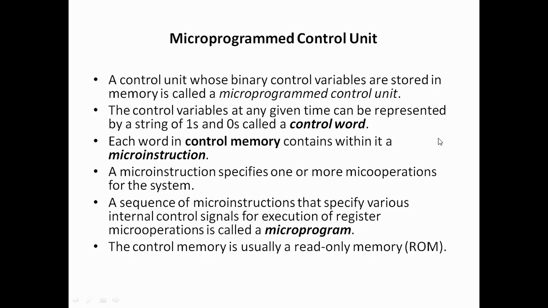One will be the main memory for other things, and there will be another memory that will store these microprograms, and that we call control memory. In that memory, one word will be called a control word, and it will be a micro instruction, a set of bits which represent a micro instruction.